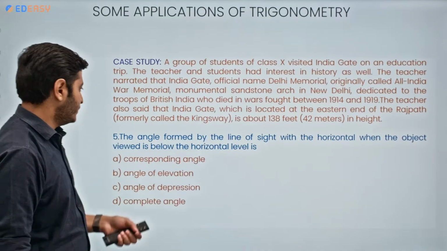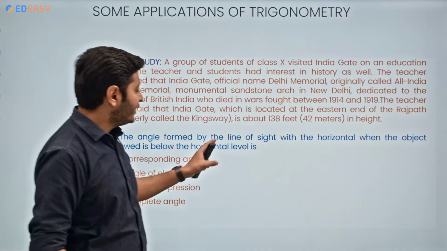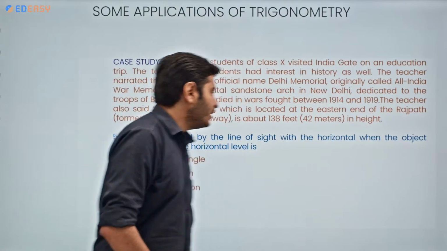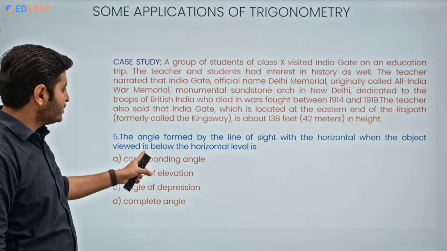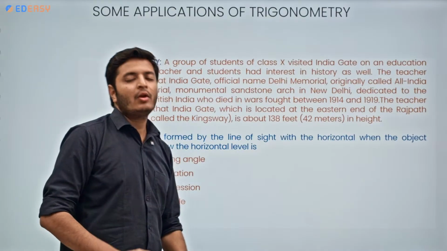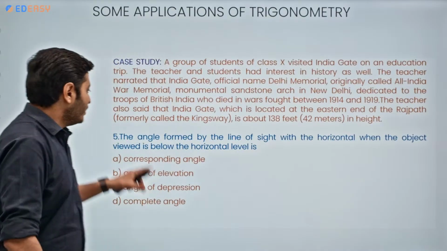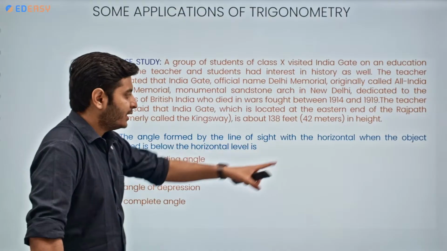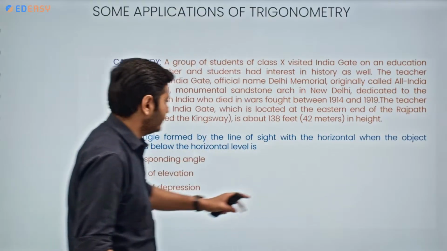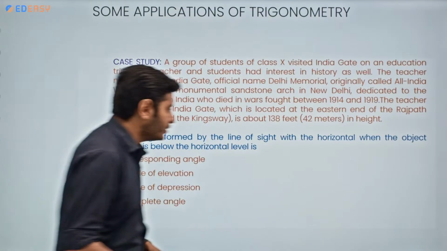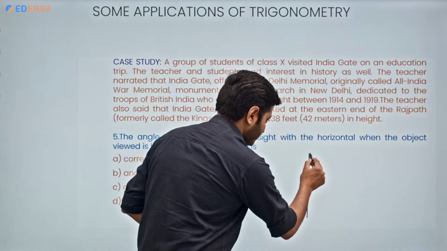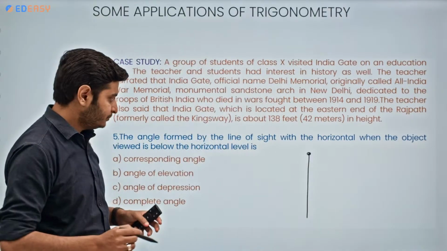Now the last one. The angle formed by the line of sight with the horizontal when the object viewed is below the horizontal level. What is the name of the angle? Someone is standing at the top of a tower.